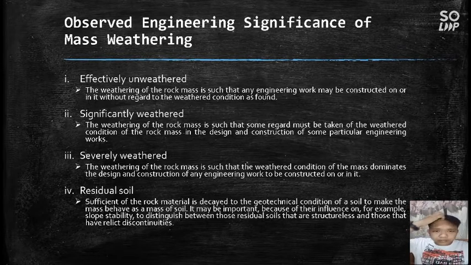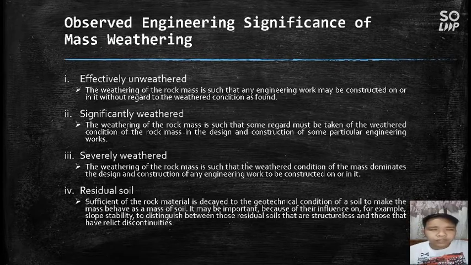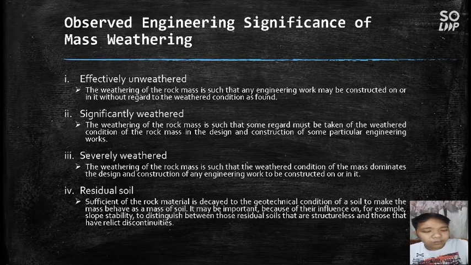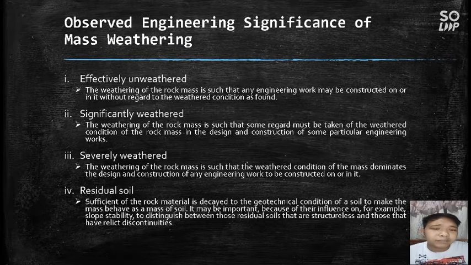So, severely weathered is one of the critical effects of weathering because part of the rock material is affected by weathering. Its durability and design are damaged, almost 75% of its aspects, meaning the weathering dominates, and you can see that it is damaged.